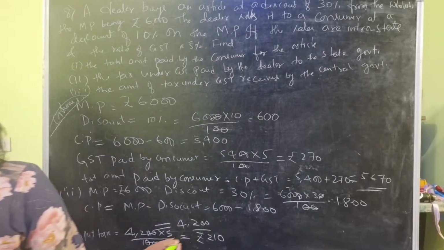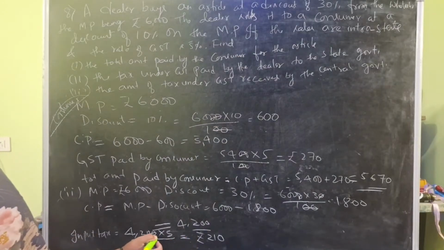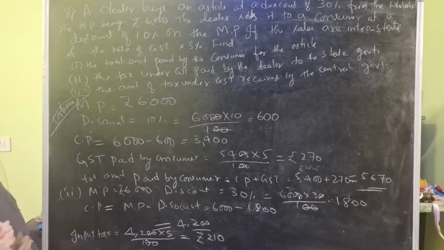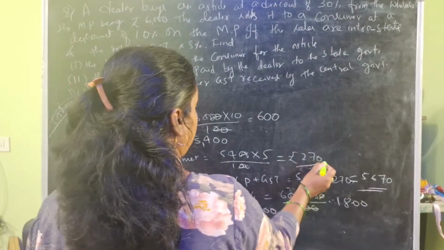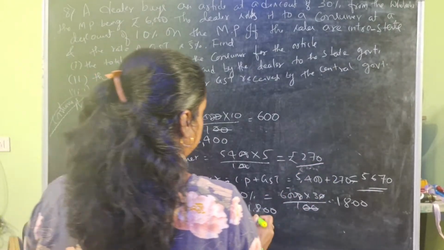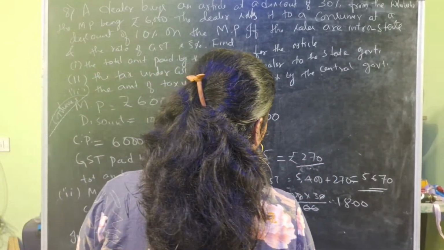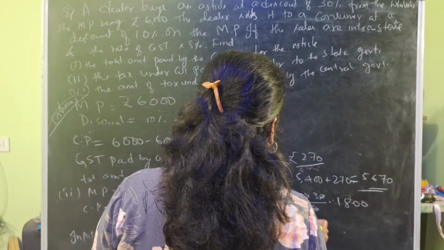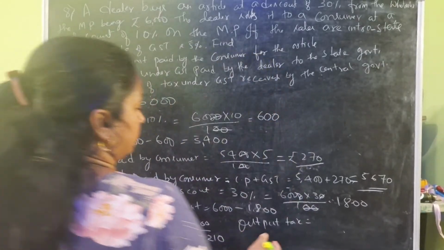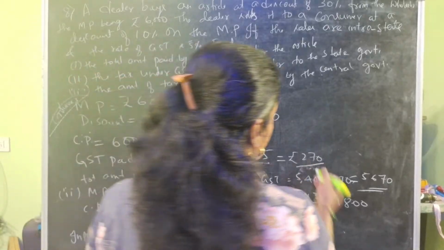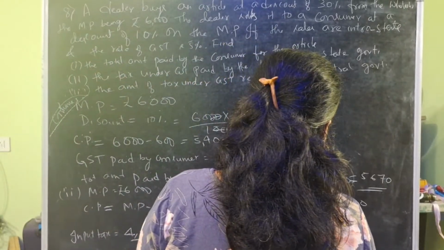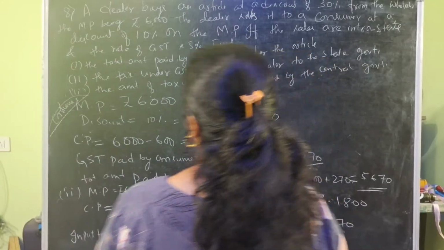So this is the input tax for the dealer, and the output tax is equal to the GST paid by the consumer, that is rupees 270.